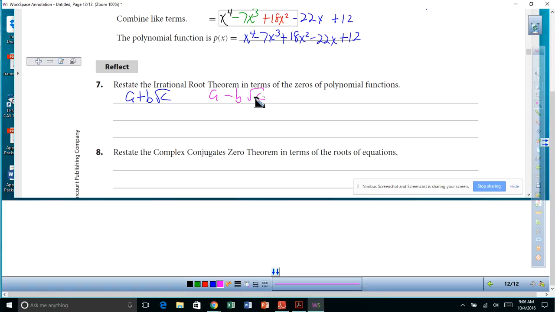If a plus bi is an imaginary zero of a polynomial function p of x with real number coefficients, then a minus bi is also a zero of p of x. So what they're saying is, if you have a plus bi, then you'll also have an a minus bi. They come in pairs.